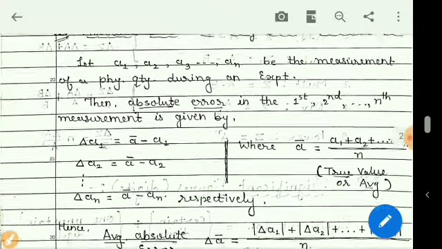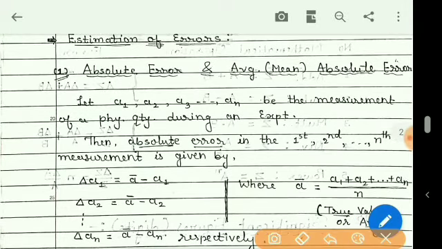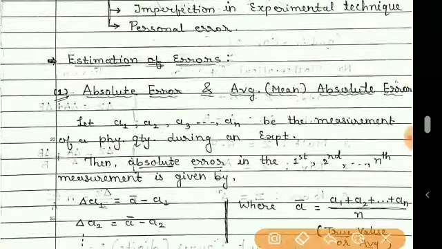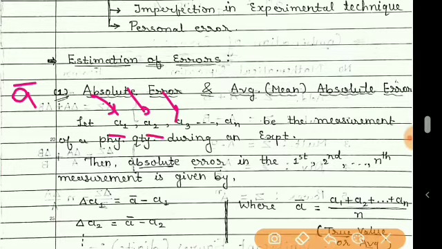Now after taking the mean value, if that is considered as the true value, then comparing that true value, that is A bar, with an individual observation, we'll find that this observation will slightly deviate from the actual reading A bar.